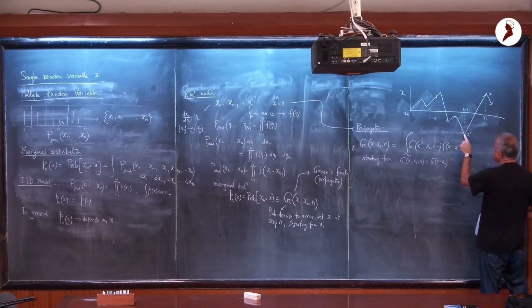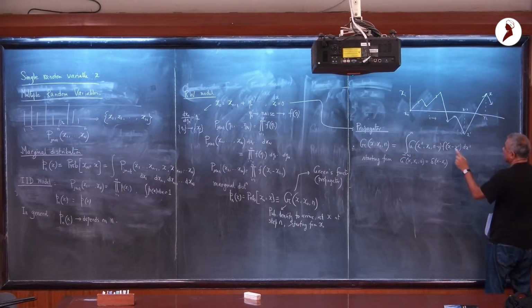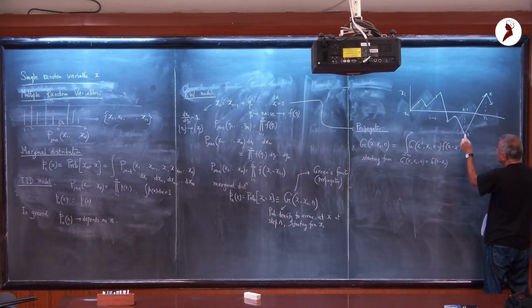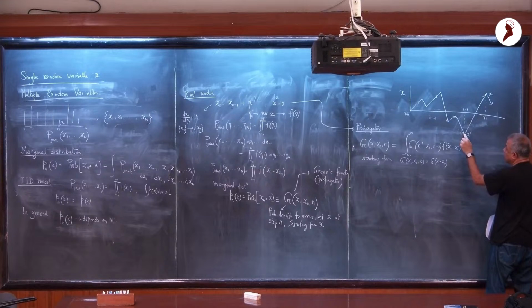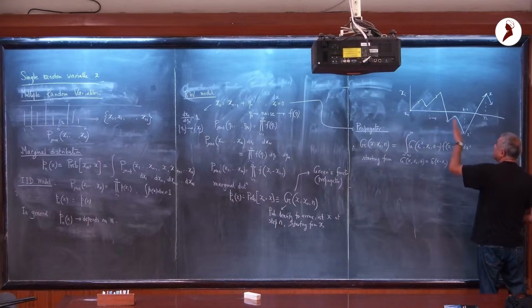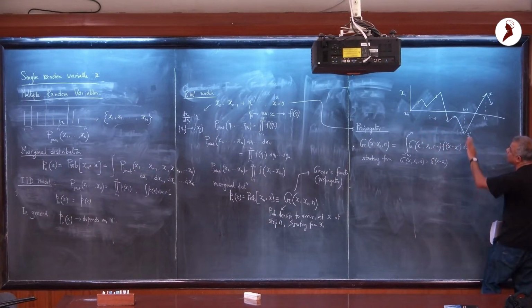Once I've reached there, I just make a jump from x' to x, and this is a local jump drawn from f(eta), where the jump eta is x minus x'. And I take a product here, and that's the Markov property, because this jump does not depend on the previous history. If I condition that the particle was here at step n-1, this jump does not remember anything about the trajectory, what happened before. Therefore, we are using the Markov property here.